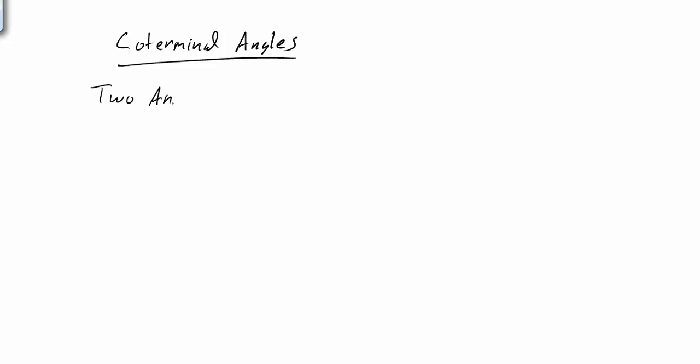Okay, next we want to look at what's called coterminal angles. When we have coterminal angles, we're looking at two angles in standard position. And this is where it's important to remember, what is standard position?